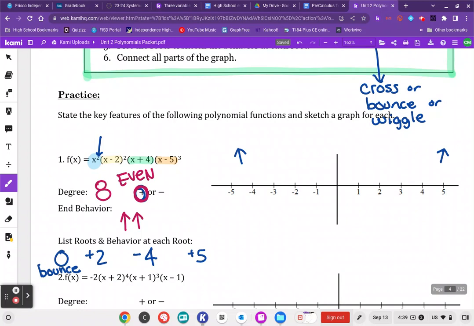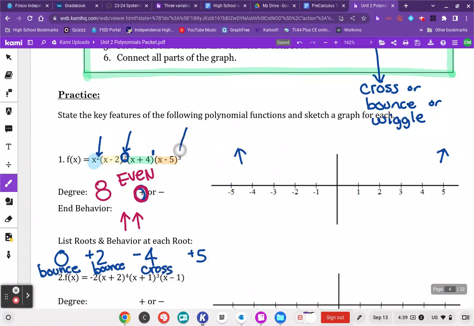Okay, next at 2, here's the root. It doesn't matter what the root is actually, it's the exponent that matters. This is its multiplicity. The exponent is 2 here. And we know an exponent of 2 or any even number will bounce. Okay, go to the next one. This next root, the exponent is 1. According to my notes on page 3, a power of 1 is going to cross.